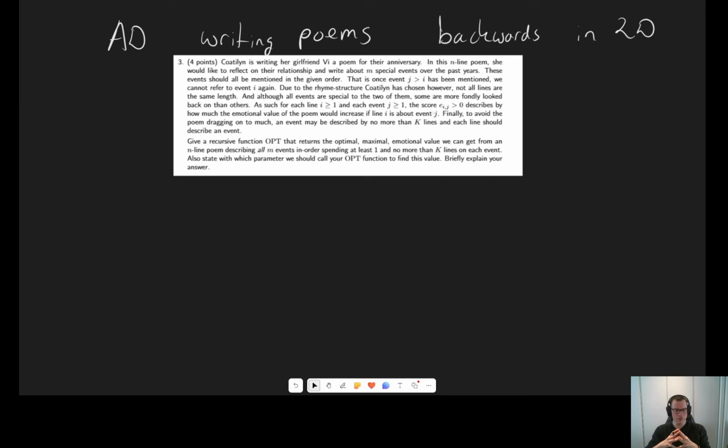Well, I could try to figure out how many lines I want to spend on event number 50, because as soon as I know, I've made the problem smaller. I will have fewer lines, and now only 49 events left. So that will be the question for me to try and answer. How many lines can I spend on event 50? Well, at least one, and no more than k.